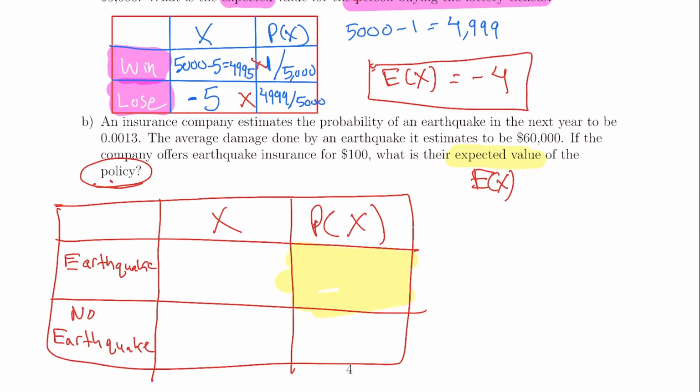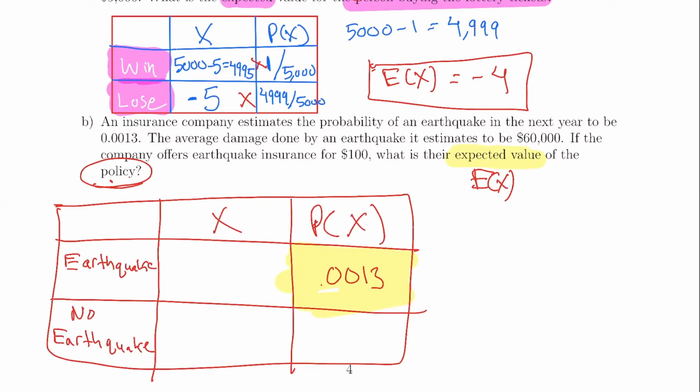You could put it in the chat, or if you want, you could shout it out. Probability is 0.0013. Yeah, perfect, Anna. Thank you. So they tell us the probability that an earthquake will hit next year is 0.0013. So that's the probability of earthquake.